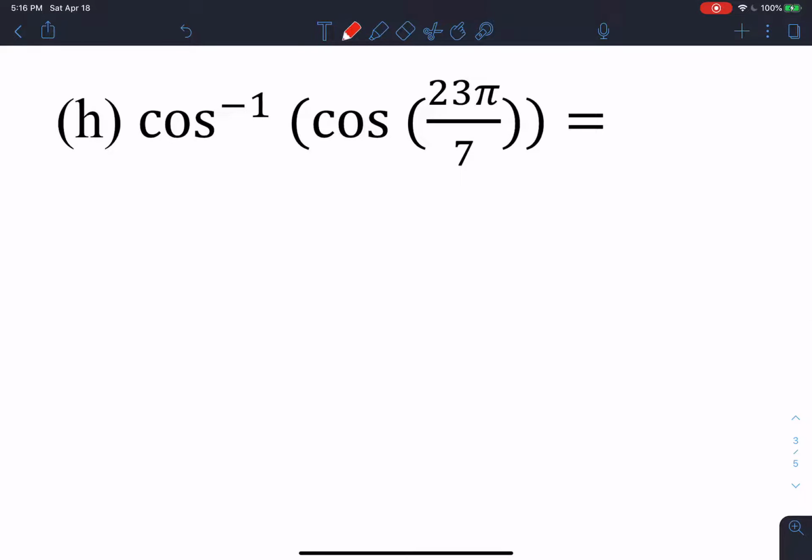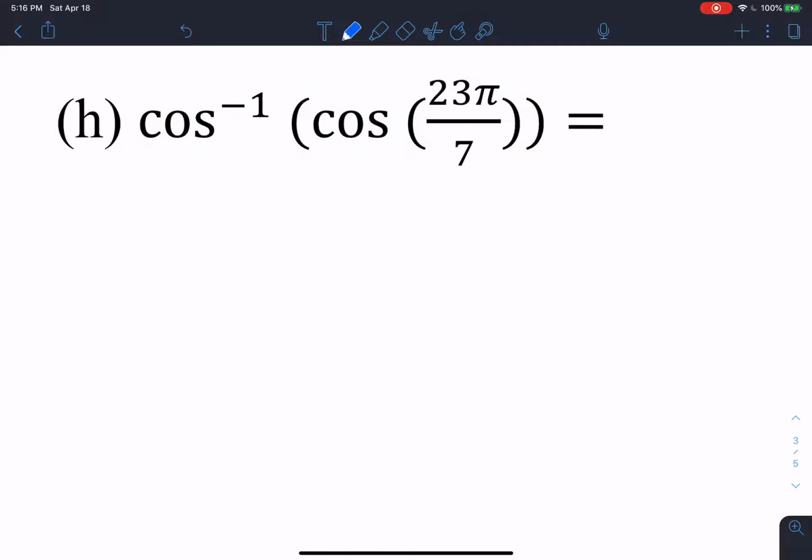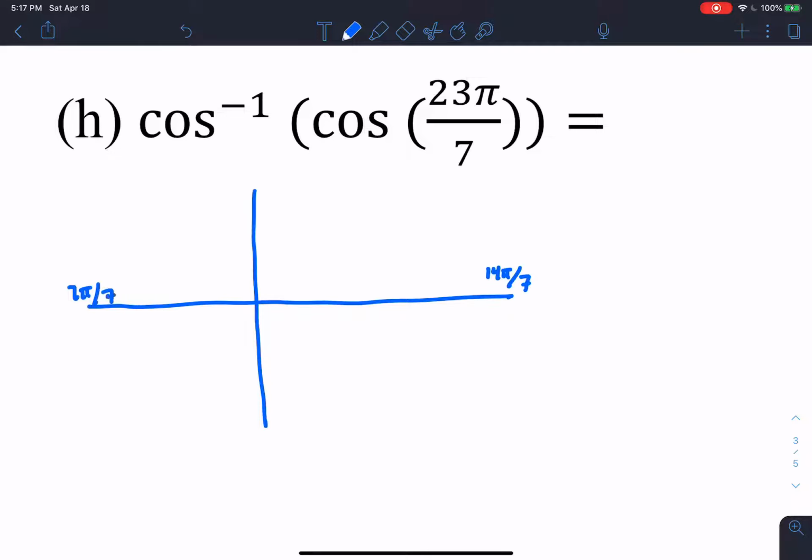So this is kind of similar to the one we just did a couple examples ago. So 23 pi over 7, where would that go? 2 pi, I know, is 14 pi over 7, and then this is 7 pi over 7. How much more do I need to go to get 23?